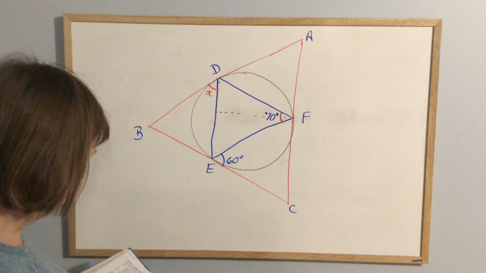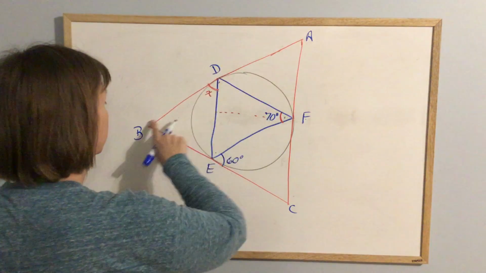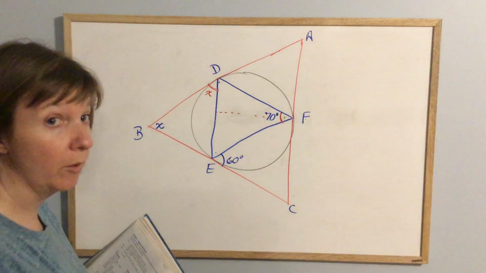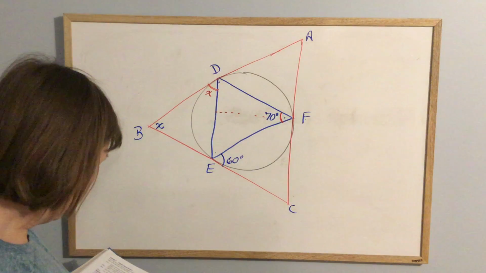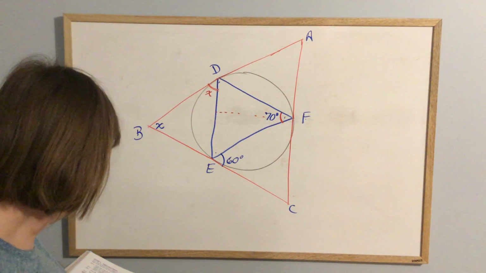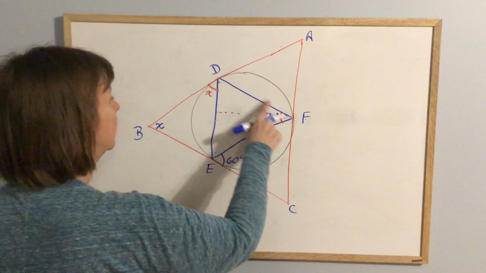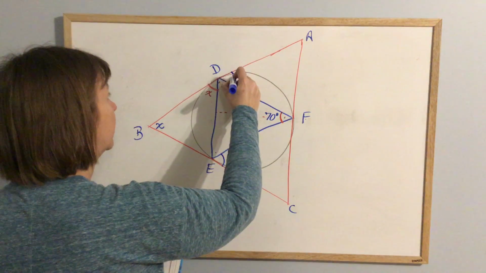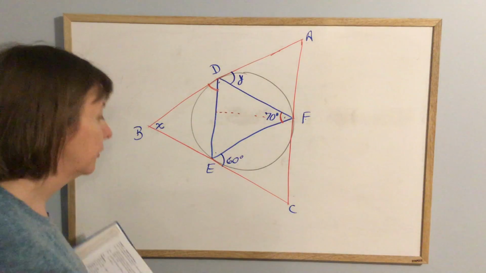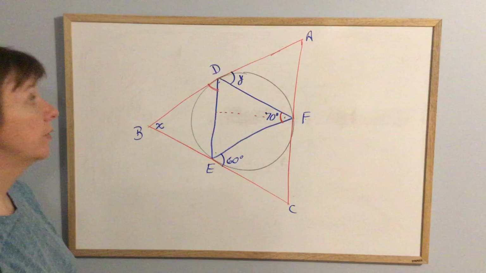Find the measures of angle ABC. So I'm going to label that X. We want to find that. And ADF. We want to find this one, which is Y. All right. So that's what we know and what we want to figure out.